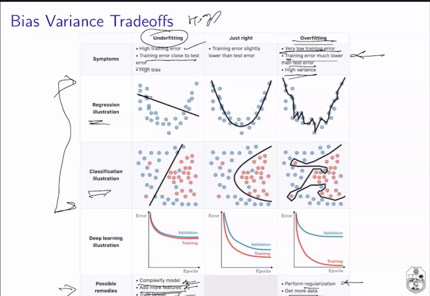We are going to see what regularization means in coming videos. You can also use more data, or a higher number of training samples. So these are the symptoms and remedies for overcoming high bias and high variance situations. So this is all about the bias-variance trade-off. Thank you.